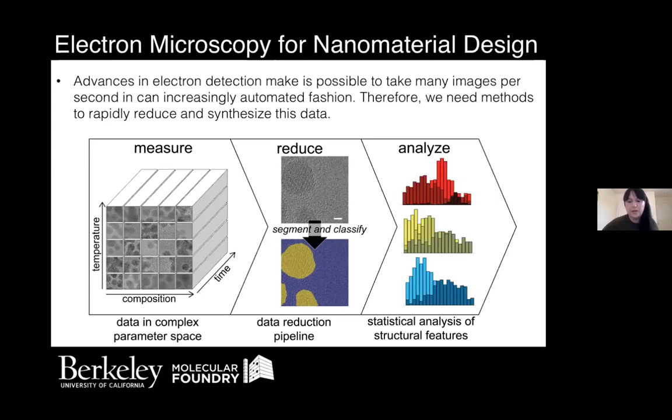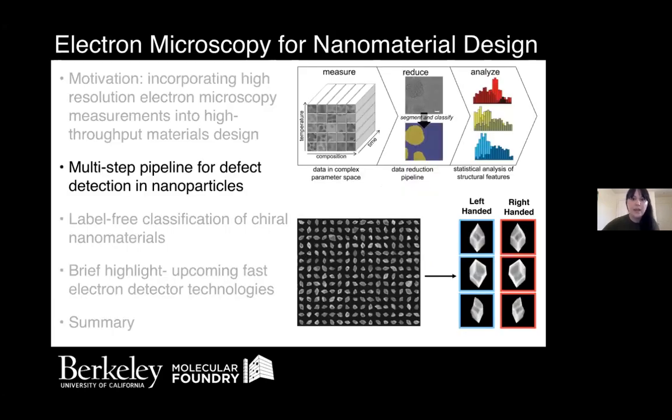For example, units might be aspects of nanoparticles like size, shape, crystal structure, or defect content. And so with that, I'll go into the first example where we did this on a set of nanoparticles and built a two-step pipeline to identify a known class of defects using deep learning.